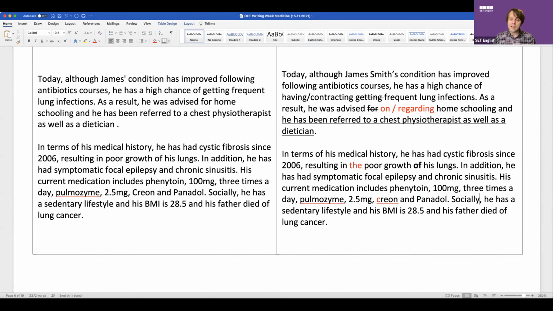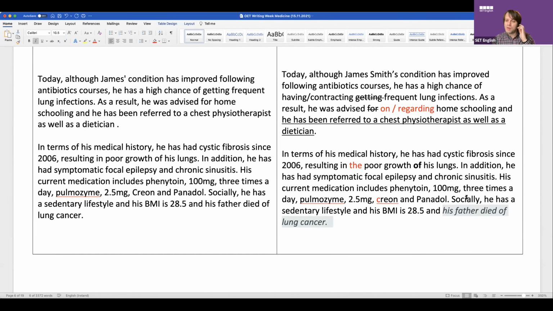Socially, we'll just finish this off. So socially, he has a sedentary lifestyle and his BMI is 28.5 and his father died of lung cancer. That's pretty... Why is that? Does that sound strange to anyone else? Socially, his father died... Why does that sound slightly wrong to me?